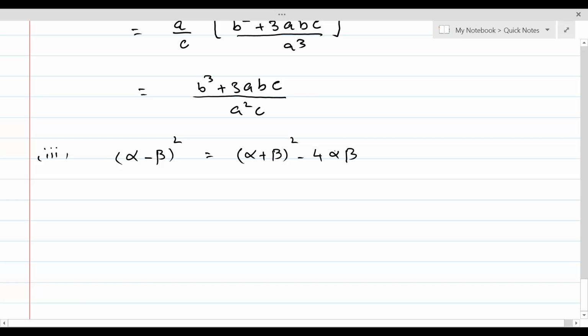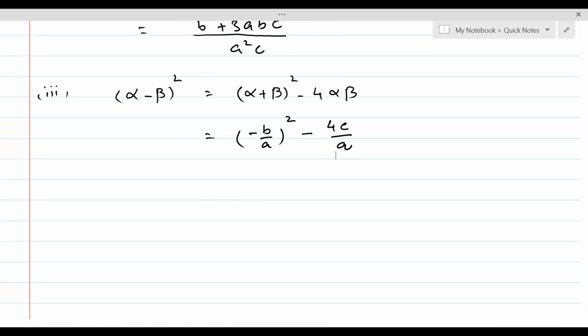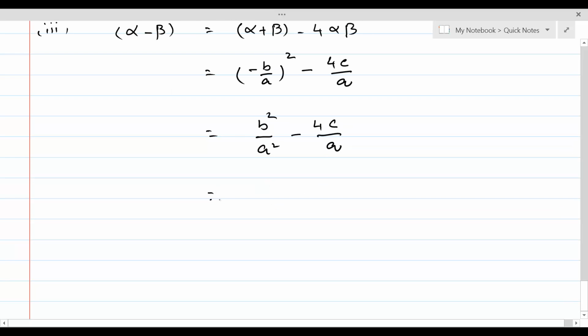And again, for the same reason, we can write minus b over a, the value of alpha plus beta, the sum of roots, squared, minus 4 c over a, and here we have b square over a square minus 4c over a, which, if we take LCM, could be written as b square minus 4ac over a square.